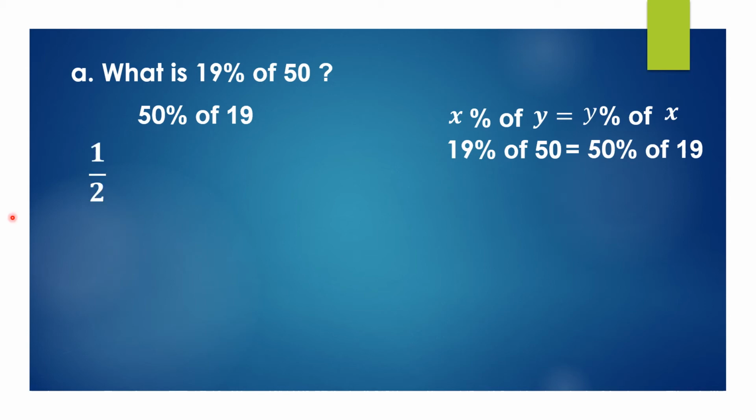So 50% I will replace with half, of means into 19. For the calculation, just take the nearest even number before it, 18. 2 9s are 18, and 1 is left over. Half of 1 is 0.5. Therefore 9.5 is your answer. Using this method, you can solve in a fraction of seconds.